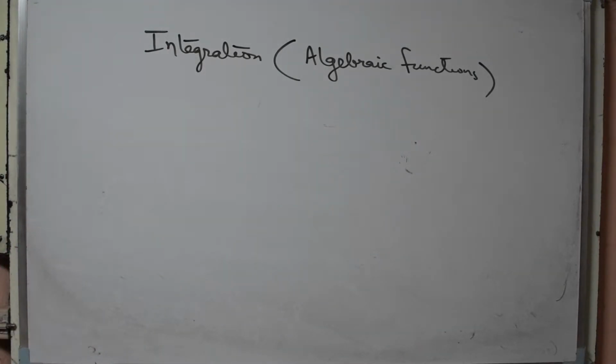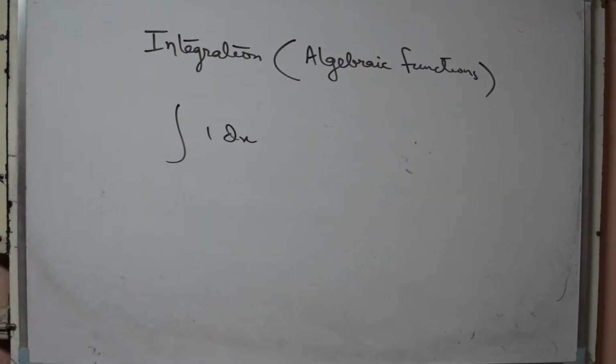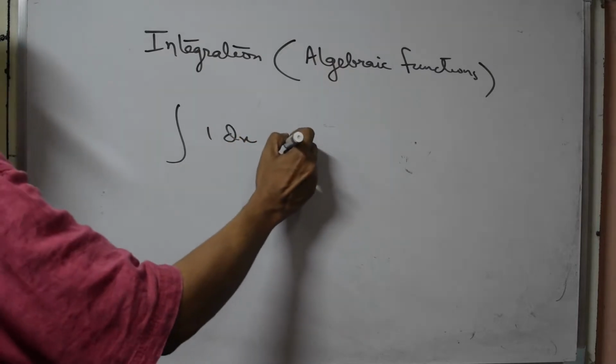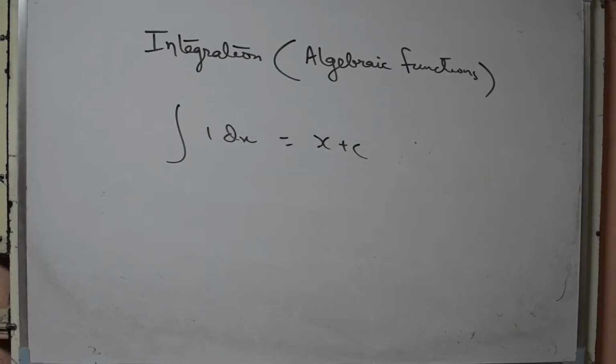We can have some more, like integral of 1 dx. Then we find that 1 dx will be x plus c. If we trace back to differentiation, we know the derivative of x is 1 and of a constant is 0. So the integration of 1 with respect to x will be x and a constant.